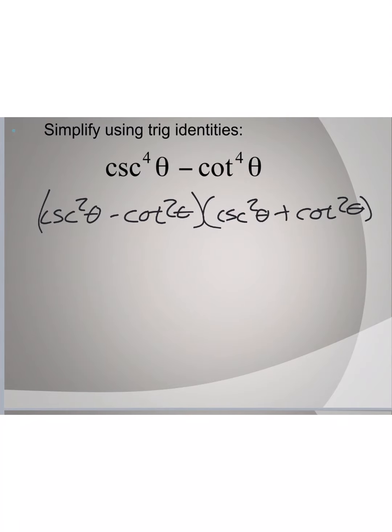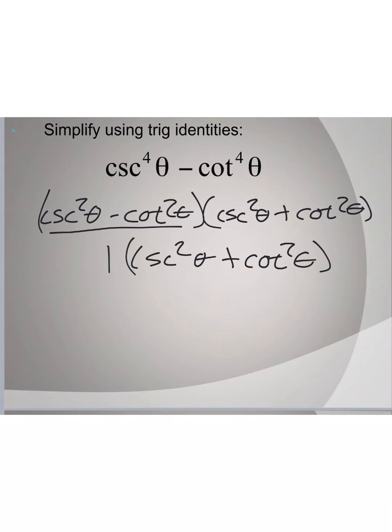If we go back to our initial Pythagorean identities, I know that 1 plus the cotangent squared is equal to cosecant squared, which means if I subtract cotangent squared on both sides, my first expression here is going to end up being just 1. So I have 1 times the cosecant squared plus cotangent squared.